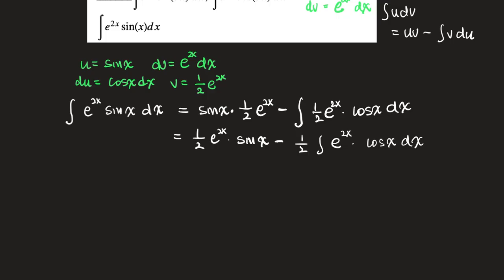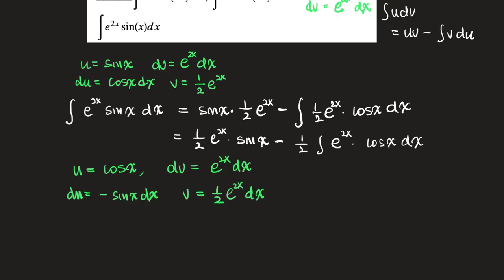So here you go. This time, same rule: u is cosine x, dv is e to the 2x dx. The derivative of cosine is negative sine x dx. v is 1/2 e to the 2x. Now let's do this part first, guys.